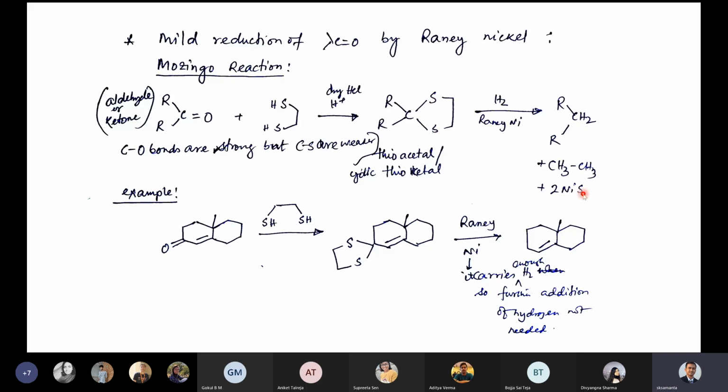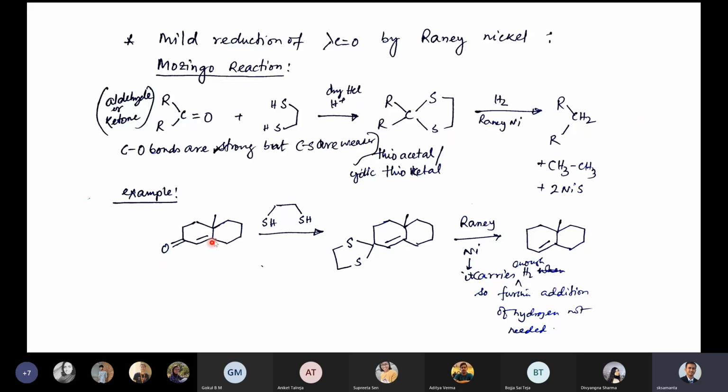So this reaction has a good application. For example, this kind of cholesterol type of moiety, the A ring and the B ring.